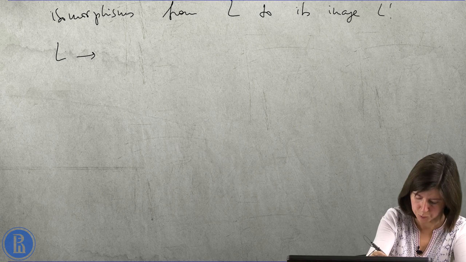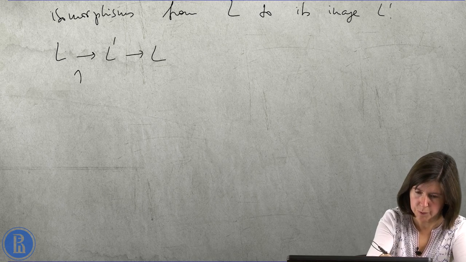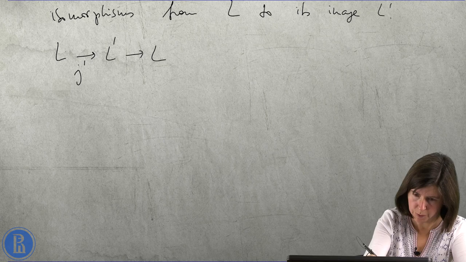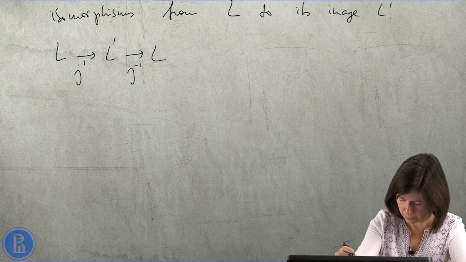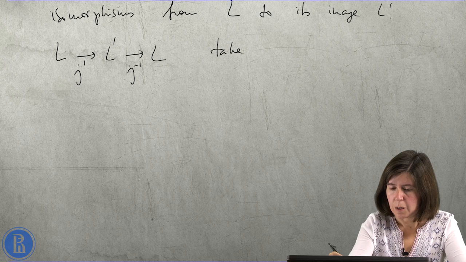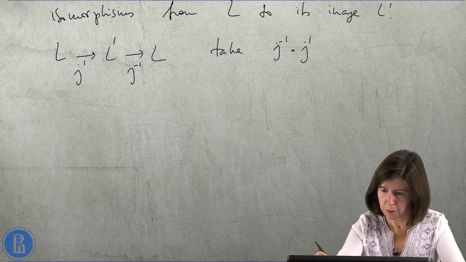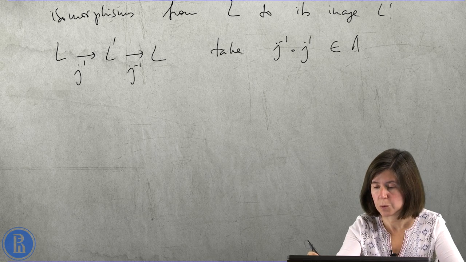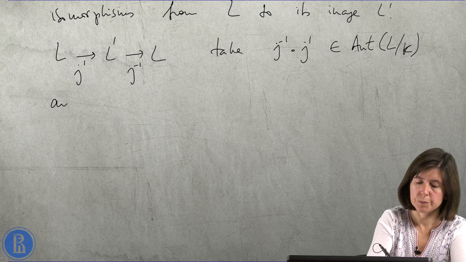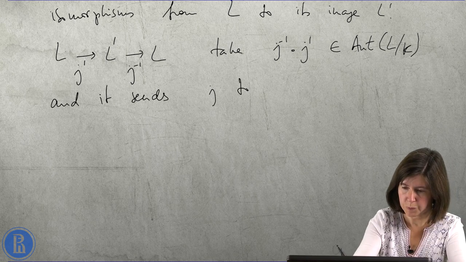So I can produce the following thing. So this is J prime and this is J minus 1. So I take J minus 1 times J prime. This is an automorphism of L over K and it sends J to J prime.